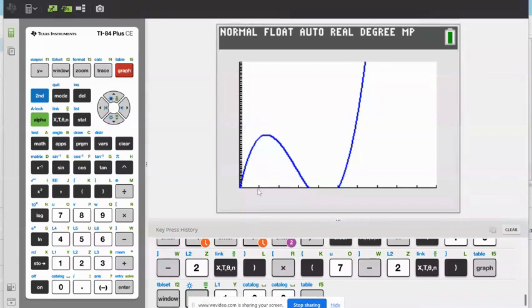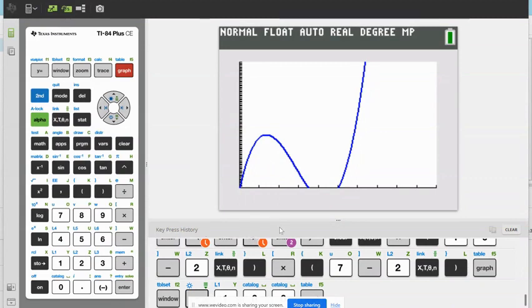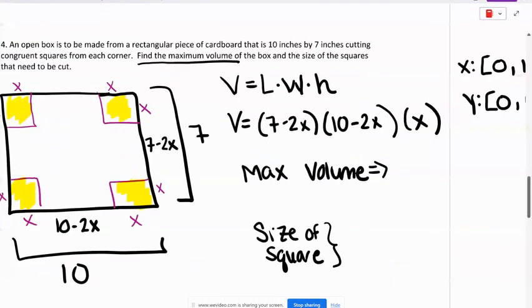But for it to make sense, think about this. We know that this is 7 minus 2x, and we know this has to exist. So 7 minus 2x has to be greater than 0.